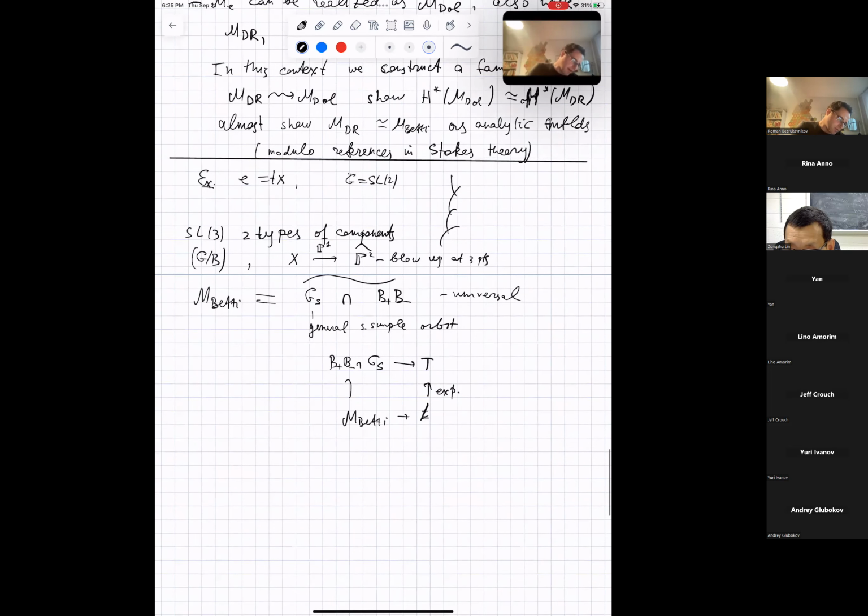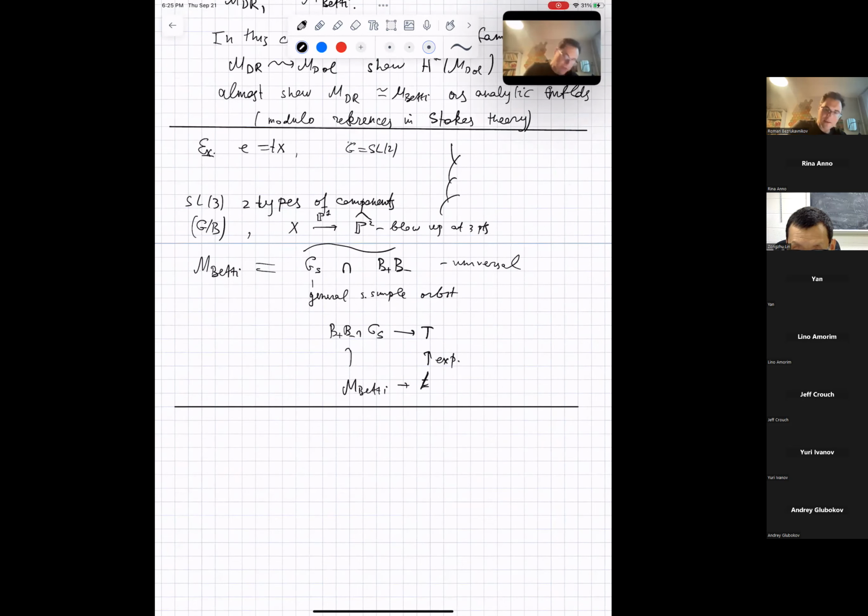Okay, so I should maybe say finally what we are doing. As you said, the point is that this T star flag can actually be interpreted as the Hitchin space. So recall that the Hitchin space is the cotangent space to Bun_G, and Bun_G can be described as follows.